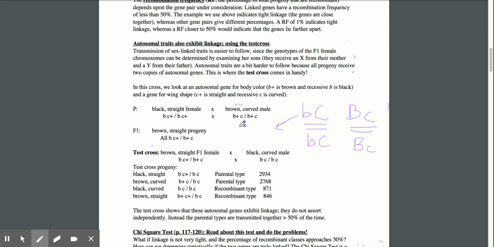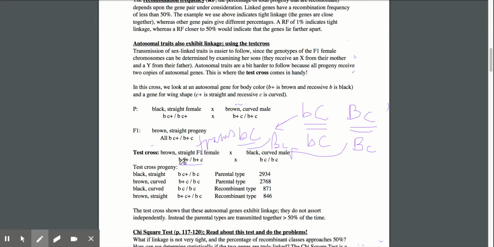But the dihybrid has to get one chromosome from one parent and one chromosome from the other parent. And so the dihybrid gets a big B from this parent, a little b from the other parent. But now we don't want to write it as big B, little b, big C, little c. We want to keep them together on their chromosomes. And so here we can see that again, the dihybrid has the parentals in trans. The alleles are in trans.